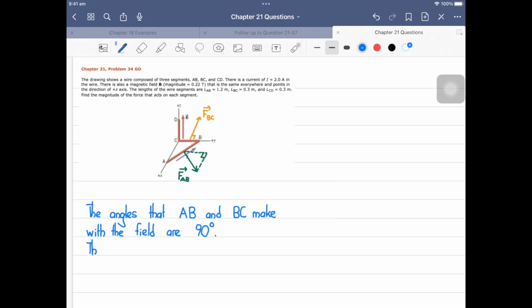We don't even really have to worry too much about angles. Just chuck in 90 and the sine theta becomes 1.